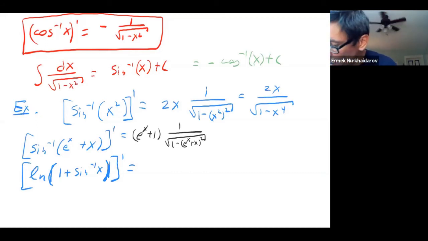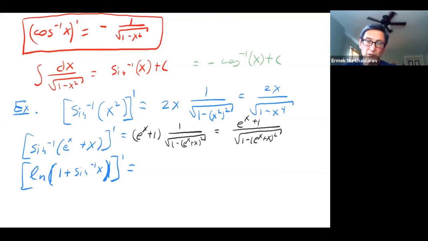The only thing I can do about it is put e to the x plus 1 on top, and square root of 1 minus e to the x plus x squared. But not many simplifications can be done.